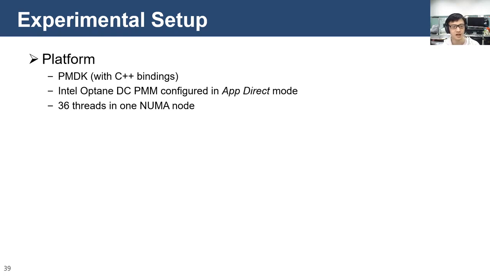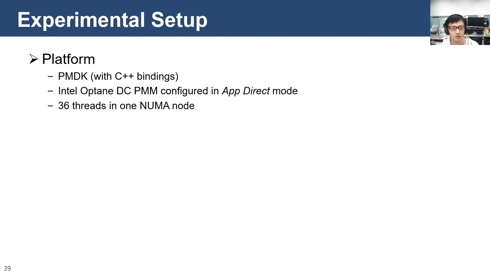We have implemented our Clevel hashing based on PMDK with C++ bindings. In performance evaluation, we run our experiments using Intel Optane DCPM configured in App Direct mode. The concurrent execution involves 36 threads in one NUMA node to avoid the disturbance of non-uniform memory latencies due to non-NUMA architectures.